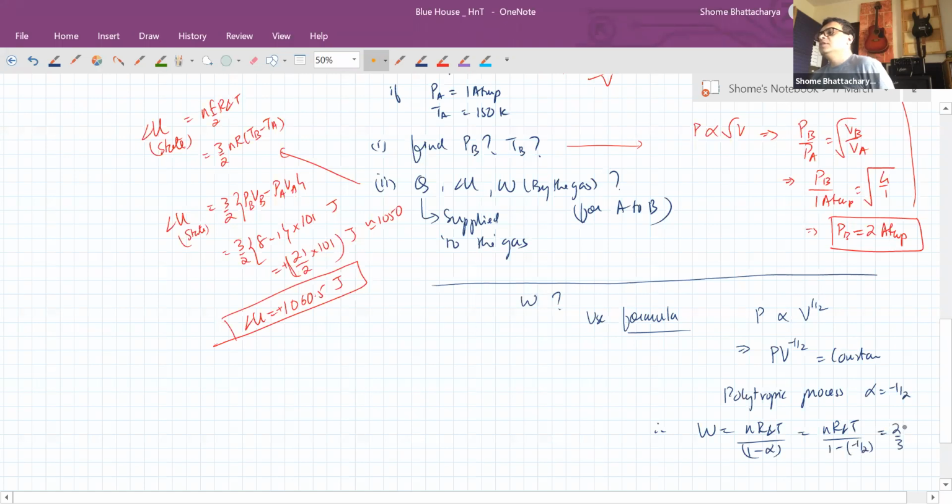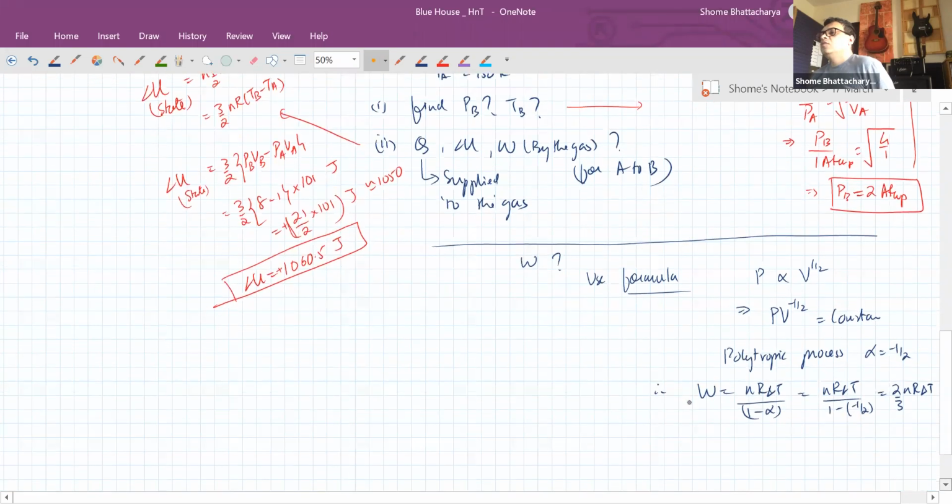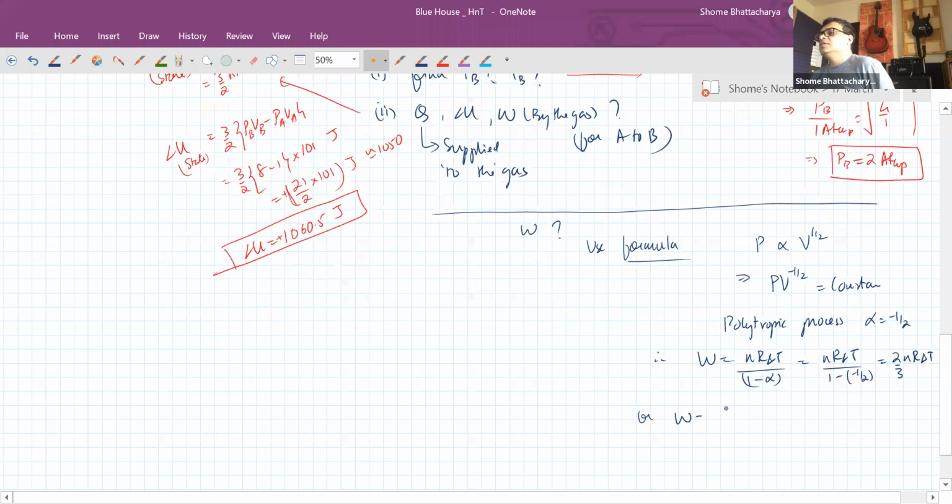So that will become 2 by 3 nR delta T, or work done can be written as PBVB minus PAVA divided by 3 by 2.